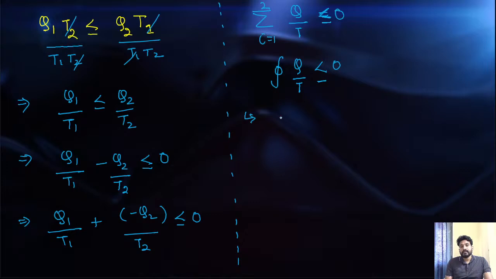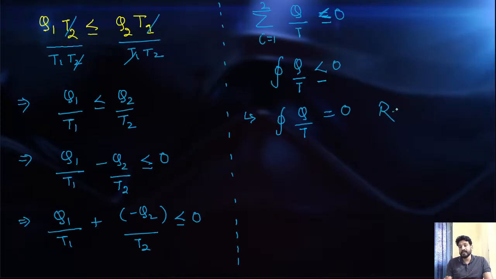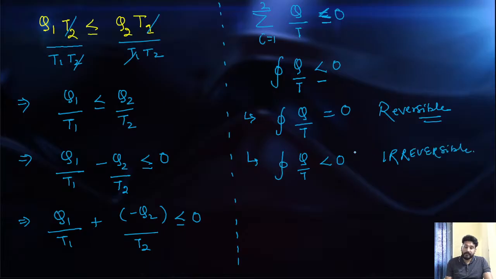And this is equal to 0 when what? When this assumed heat engine is reversible. If it is reversible, then it is equal to 0. If it is irreversible, then it is less than 0. I hope that you got my point, right? Sorry, it is dQ if I write the integration.